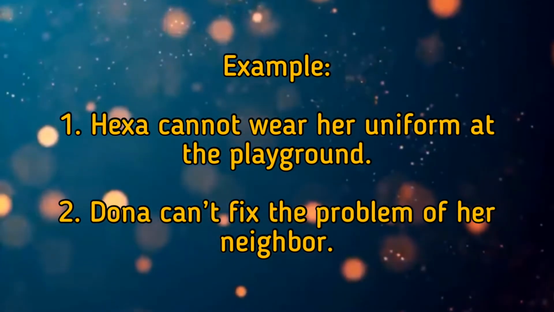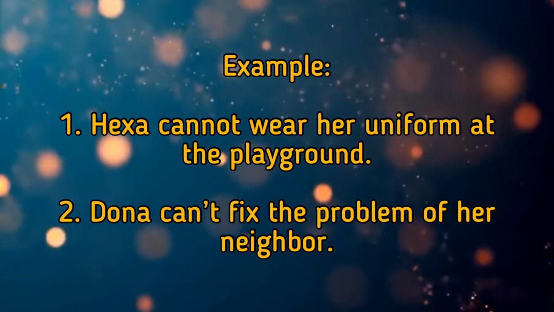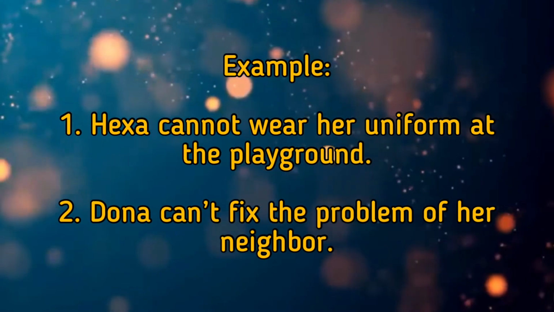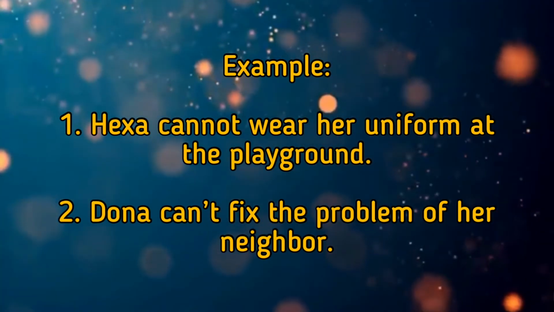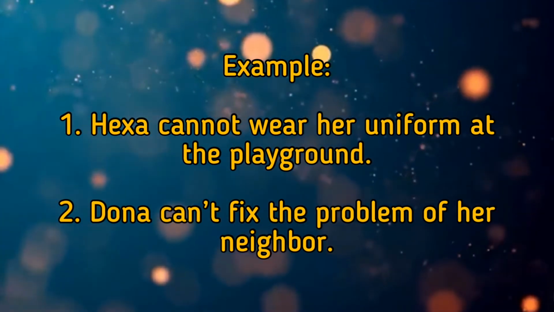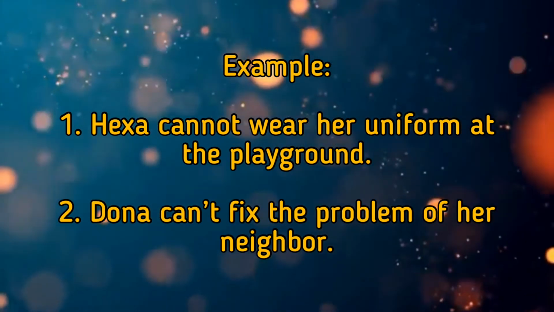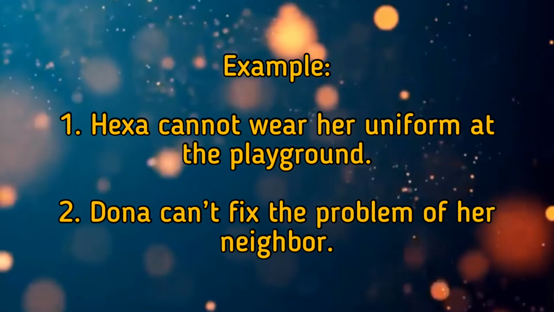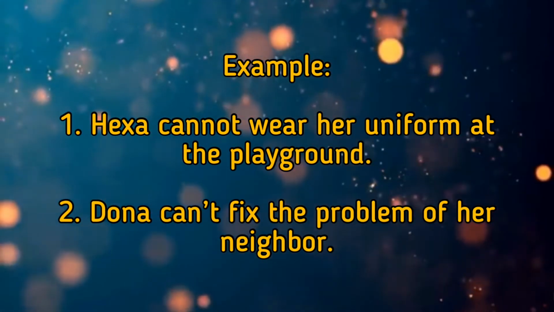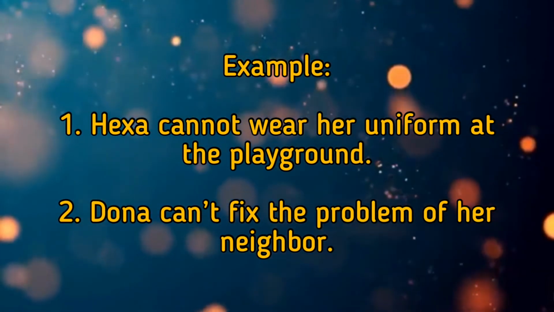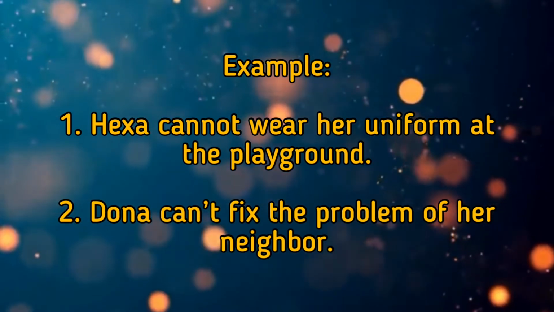Okay. Let's have another example. Donna can't fix the problem of her neighbor. Once again, Donna can't fix the problem of her neighbor. Why is the use of can't appropriate in this statement? Very good!